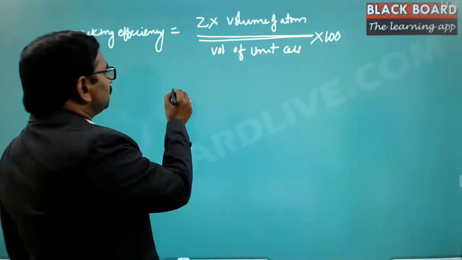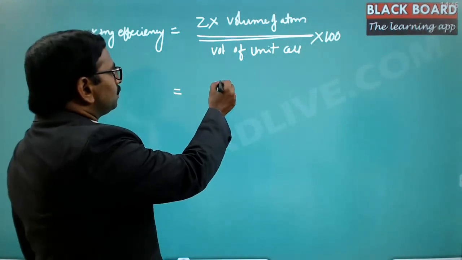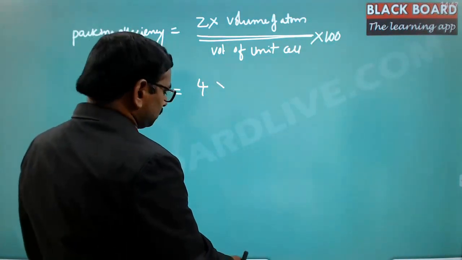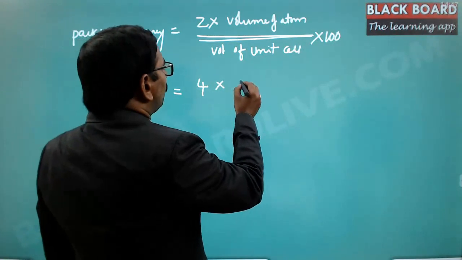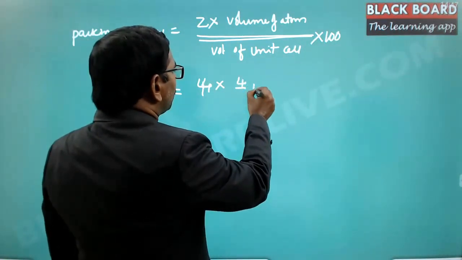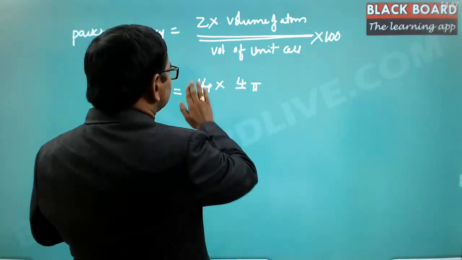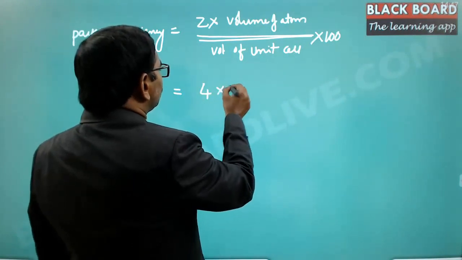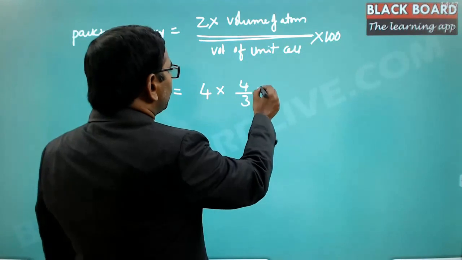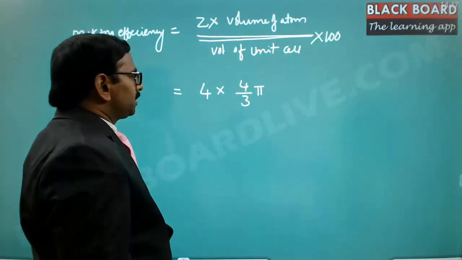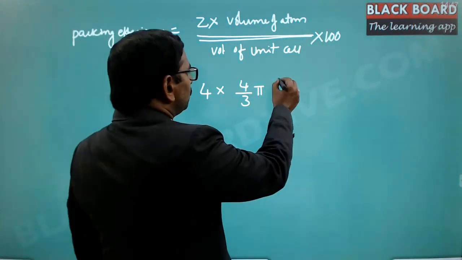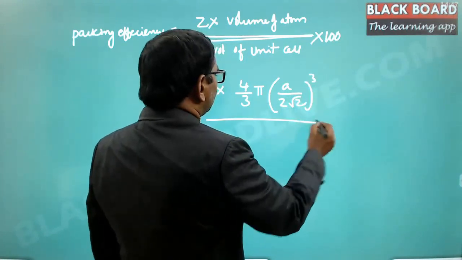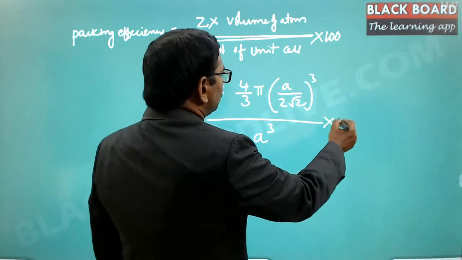For FCC, Z is equal to 4, into the volume of atom 4/3 pi r cube, where r is equal to a by 2 root 2 whole cube, by volume of unit cell a cube, into 100.